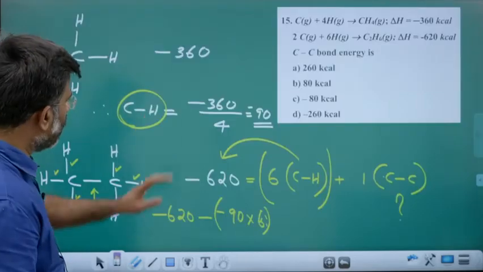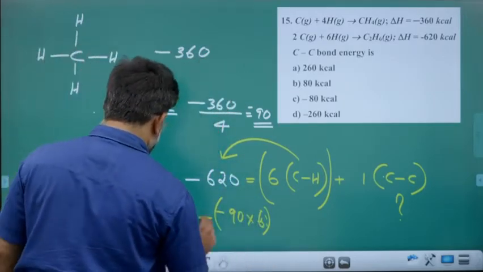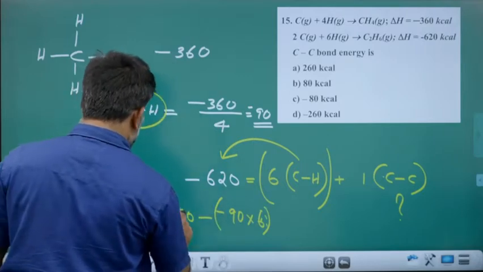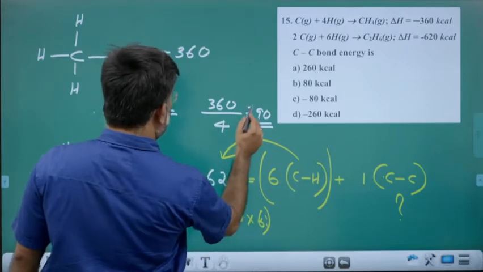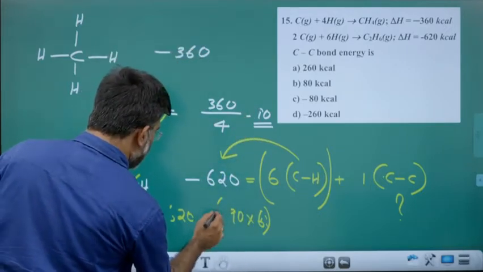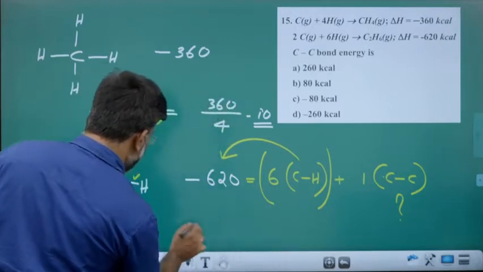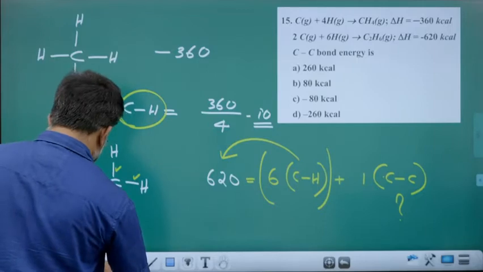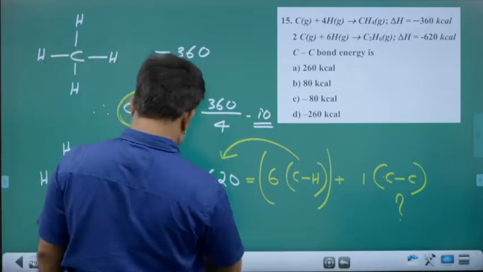Here I have put all minus. That is not required, no? Why is that not required? Because breaking of bond, you have to supply energy, right? So you need not give minus.